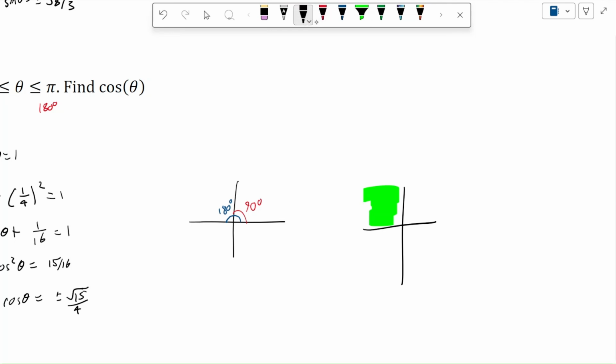Now, whether sine and cos are positive or negative, you can use this little acronym, CAST, if you read it from there. It means that only sine is positive and the rest are negative in one quadrant, only tan is positive in another, and only cos is positive in another. So that's one way to think about it.